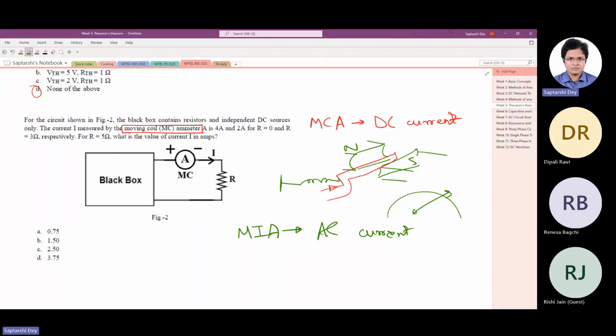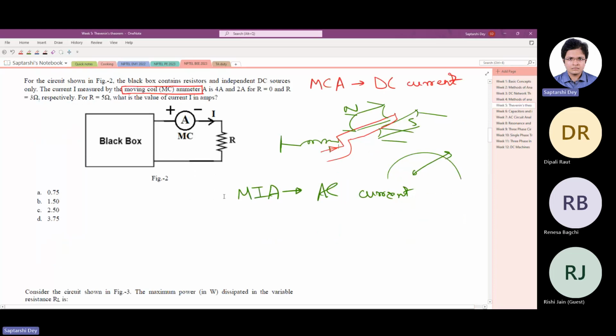Now the question is this MCA. Although you can connect an MIA here, it is a DC circuit, 4 ampere, 2 ampere for 0 and 3.